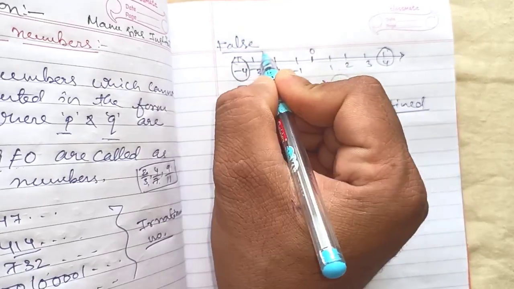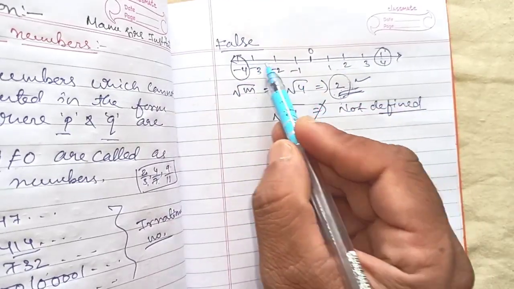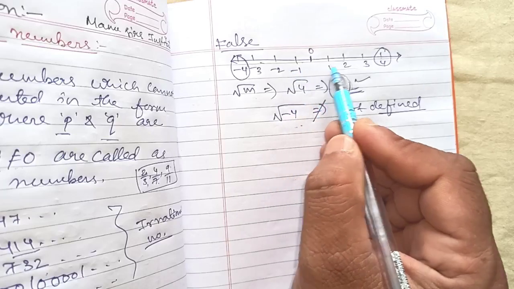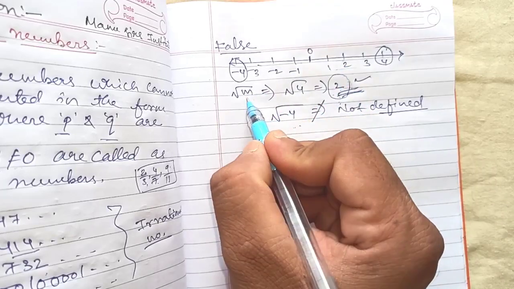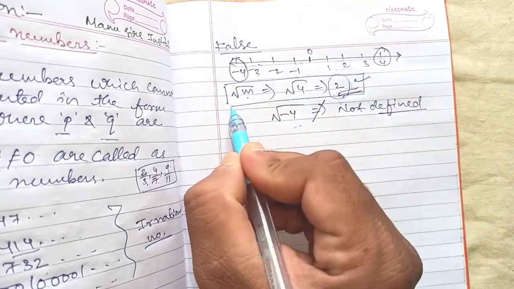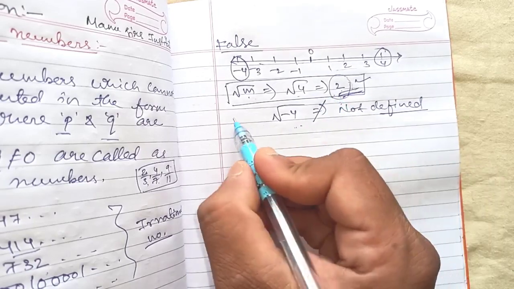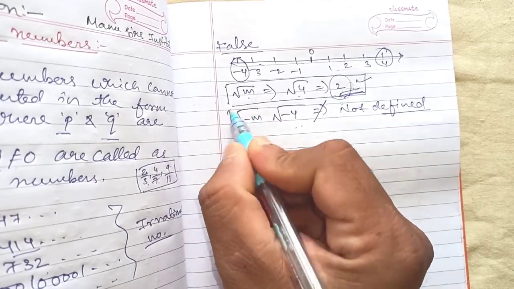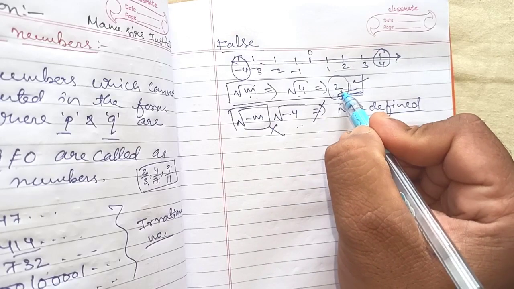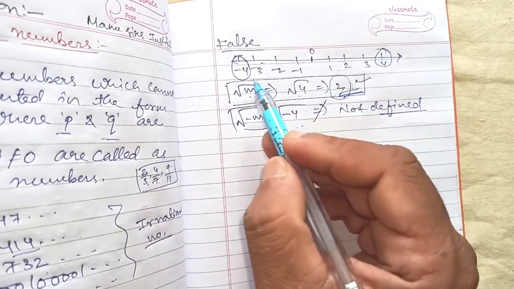The statement says every point on the number line is of the form root m. For positive numbers we can say it is of the form root m, but for negative numbers root m is not expressed in the form of a natural number. That's why it is false.